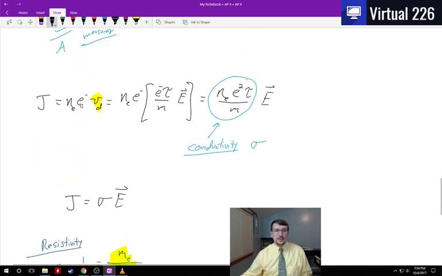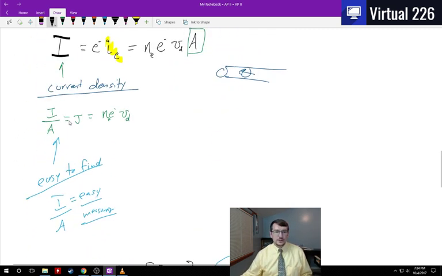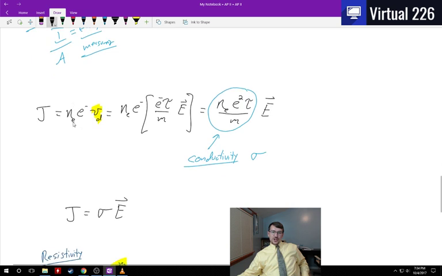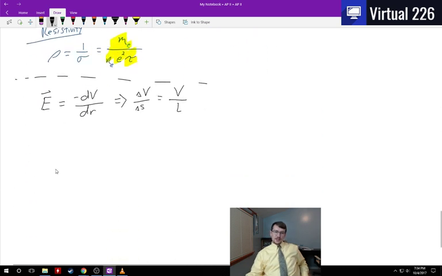Now, up here, we've defined the current of our wire per some amount of cross-sectional surface area as a current density, J, which means I is equal to JA. So the current in our wire, I, is equal to the current density times a cross-sectional area.